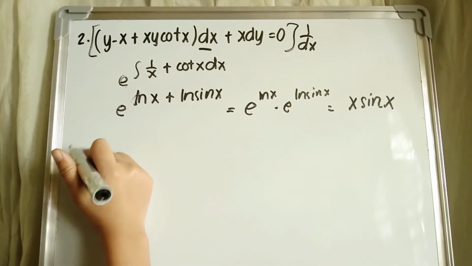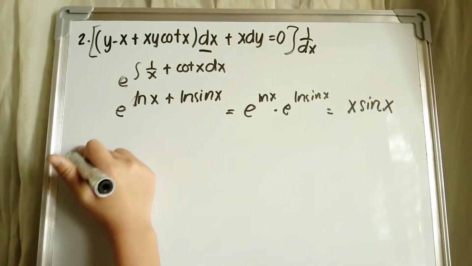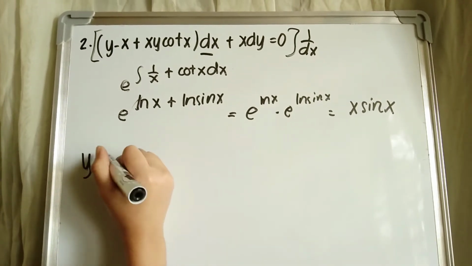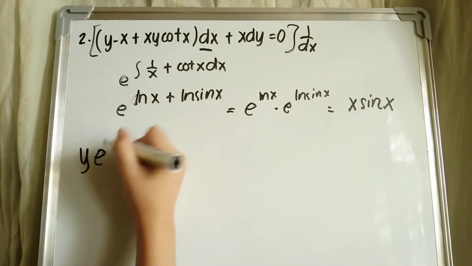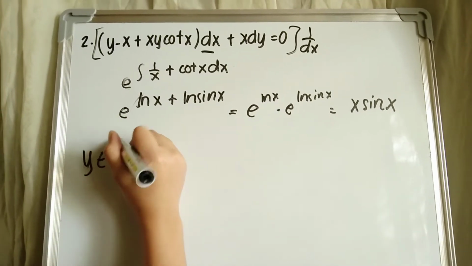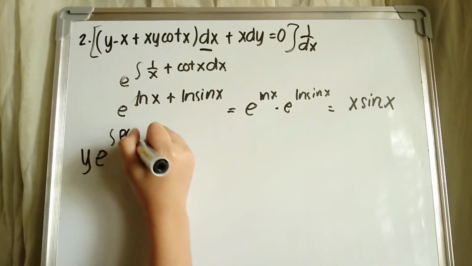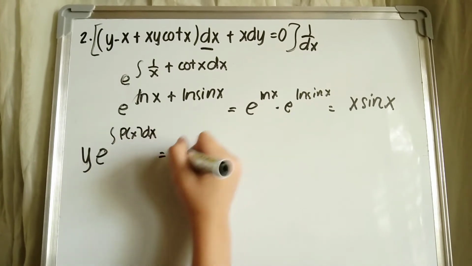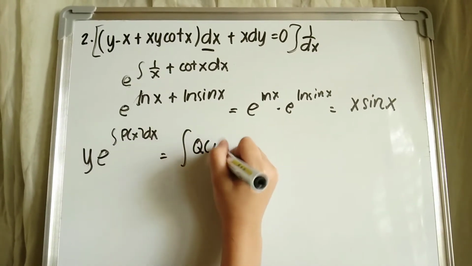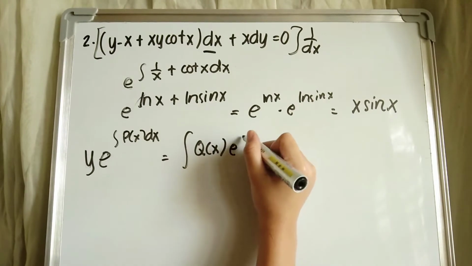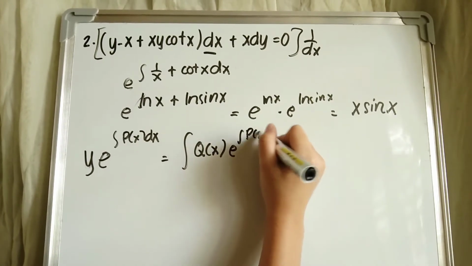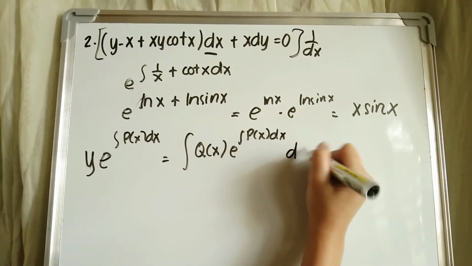So next is to solve for the general solution by using the formula y times the integrating factor e raised to the power of integral p of x dx is equal to the integral of q of x times the integrating factor e raised to the power of integral p of x dx times dx.